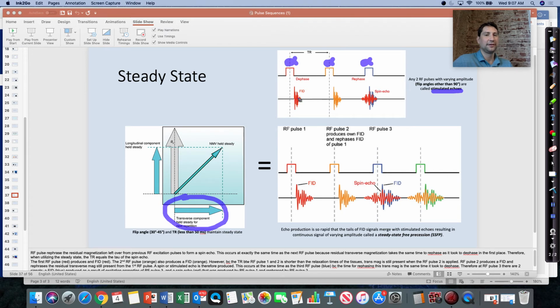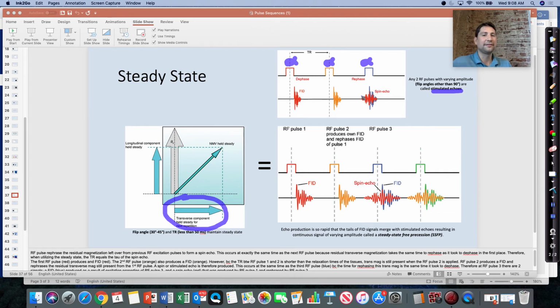So this that's decaying is now going to regrow, and due to the timing of our TRs, it's going to regrow as you're going to be exciting the next slice. Okay? So you have your third excitation pulse, where your free induction decay and your stimulated echo are going to be laying on top of each other.